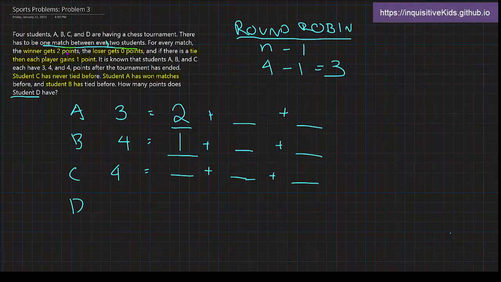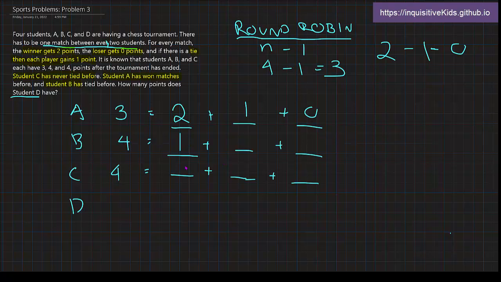Now, when the point system is 2, 1, and 0, I would like to call that the 2-1-0 system, which means that the winner gets 2 points, in ties each person gets 1 point, and if you lose, you get 0 points. Great. So if we want to fill in these 2 blanks with a combination of 2s, 1s, and 0s, and equal that to 3, what would that be? Well, if you test it out, there's only one option. That's 2 plus 1 plus 0. Any other combination would be wrong.